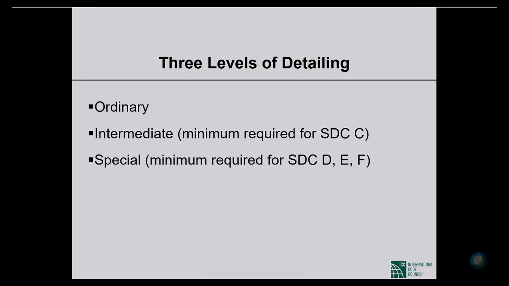So ordinary detailing will give us low inelastic deformation capacity. We will need to design for higher strength. The special detailing will give us high inelastic deformation capacity. We will be allowed to design for low force levels, and intermediate is intermediate. It gives us something in between the ordinary and the special.